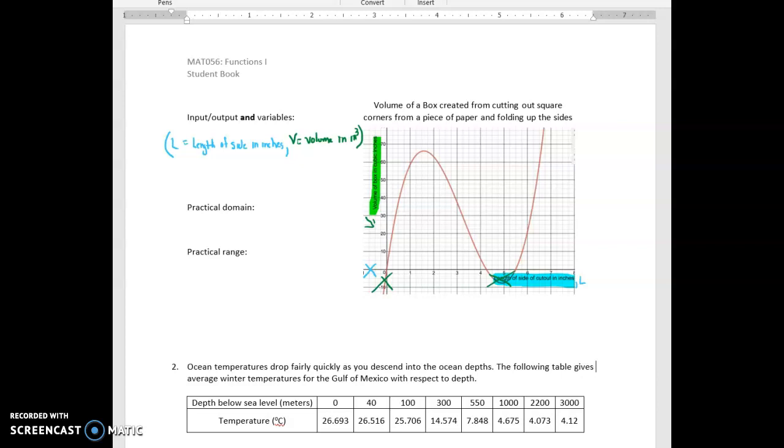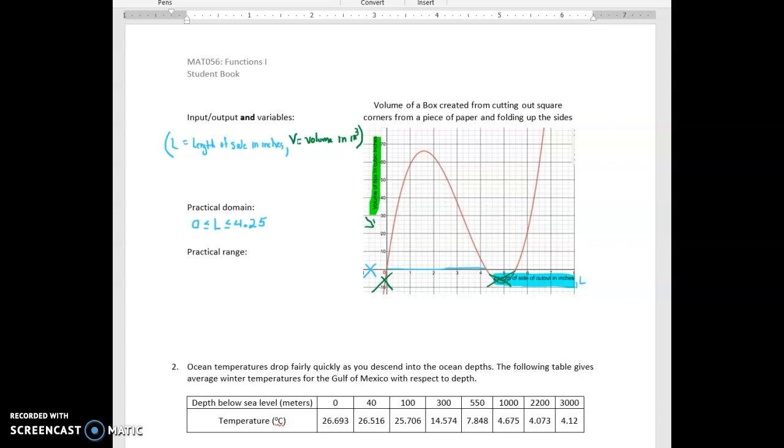Once we hit this negative part, none of the rest of the graph really makes any sense to us. So our practical domain only spans between 0 and, it looks like, maybe 4.25, if that's correct. Since this is a graph that is connected, we're going to go 0 less than or equal to L, which is less than or equal to 4.25.